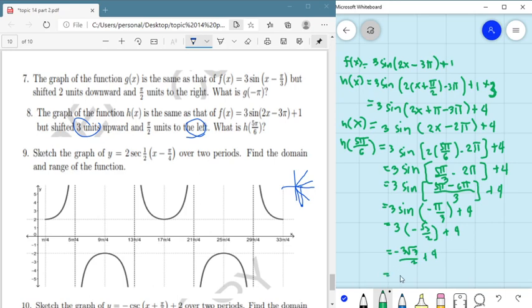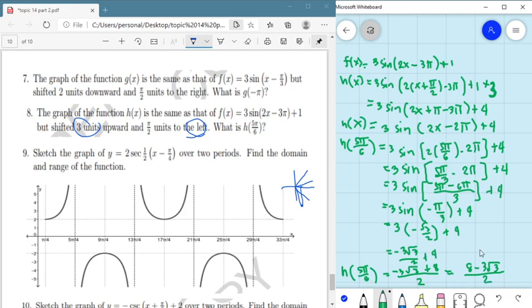So, get the LCD, which is 2. Then negative 3 square root of 3 plus 8. So, therefore, the final answer for h of 5 pi over 6 is equal to 8 minus 3 square root of 3 all over 2. Okay?